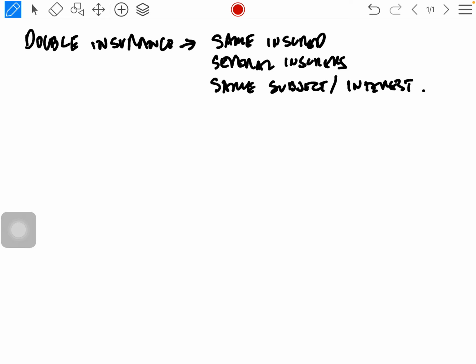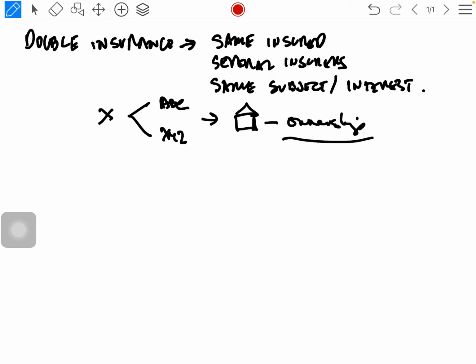So there will be double insurance when you have one insured, like for example X, who obtains insurance from ABC Insurance and XYZ Insurance, and he insures the same subject, for example a house, and the same interest, meaning the foundation of his interest is ownership. So he insures the house as the owner, or in his capacity as owner. So this is double insurance.